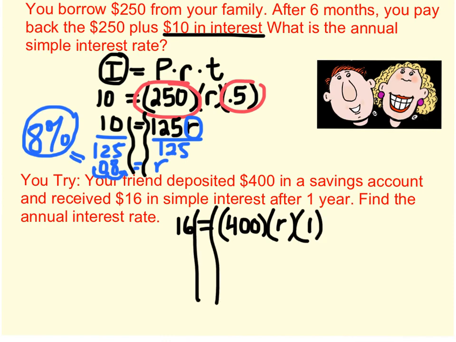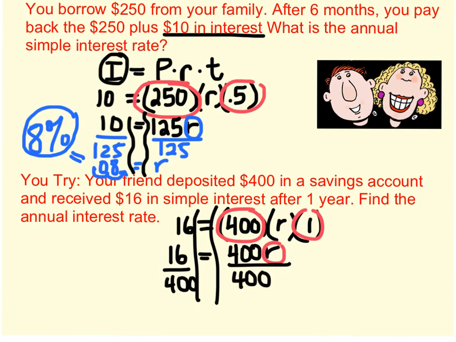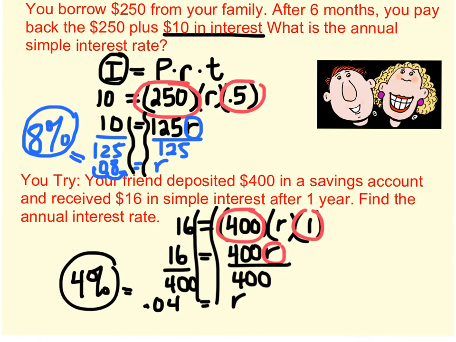So let's simplify this side of our equation first. 400 times 1, that's 400. R equals 16. Now we're going to solve for R, so divide by 400. This gives us 0.04, which is 4%. All right, nice job. That is simple interest.